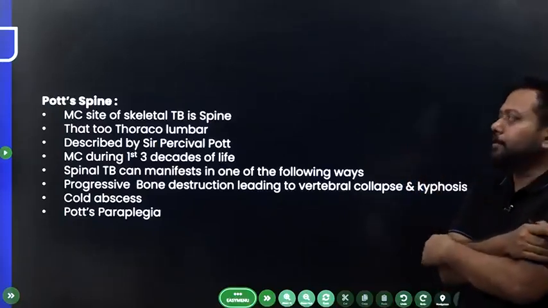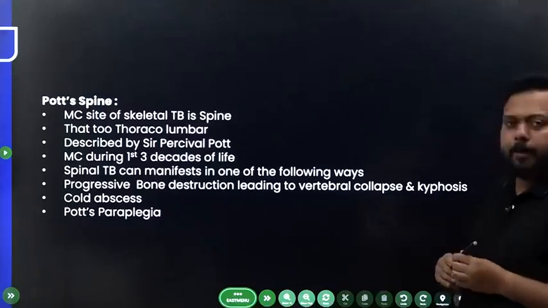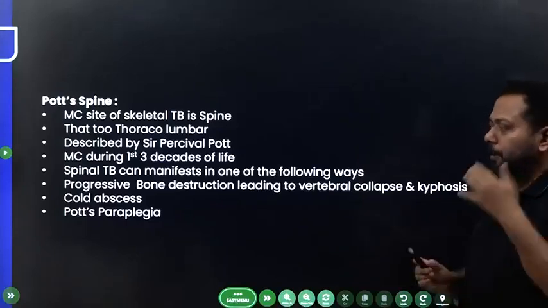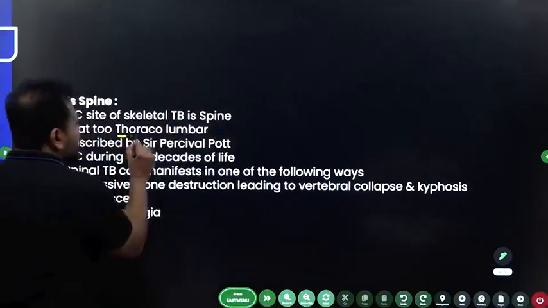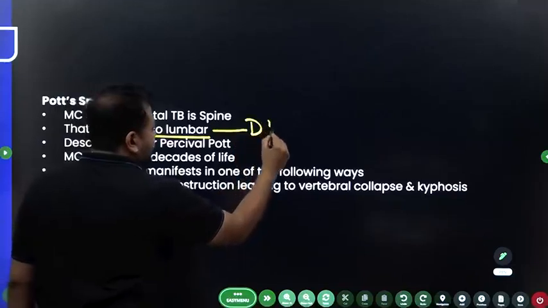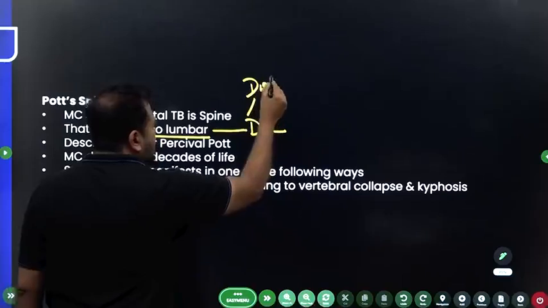The most common site involved in skeletal tuberculosis is the spine, and that's called Pott spine, named after the great Sir Percival Pott. The most common site is the thoracolumbar vertebra, as given in the English textbooks. So dorsolumbar vertebra, especially D12 is the first common site.